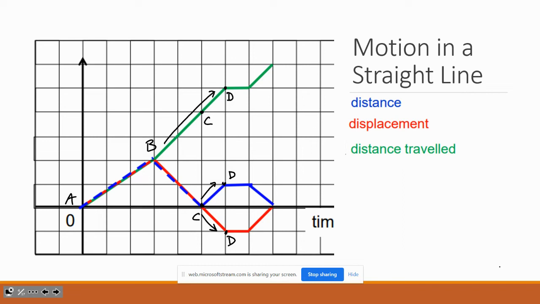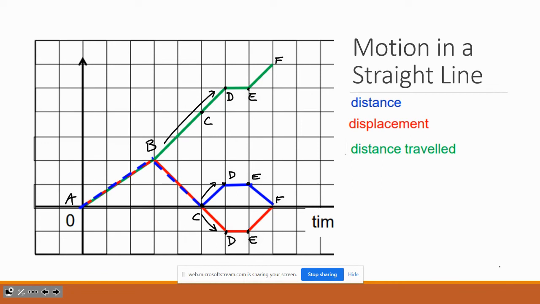At that point, to get from D to E, we are stationary, so no velocity at all. The displacement, the distance, and the distance traveled all remain the same, so we're not moving at all. And finally, from E to F, yes, we've reached home again, our starting position.